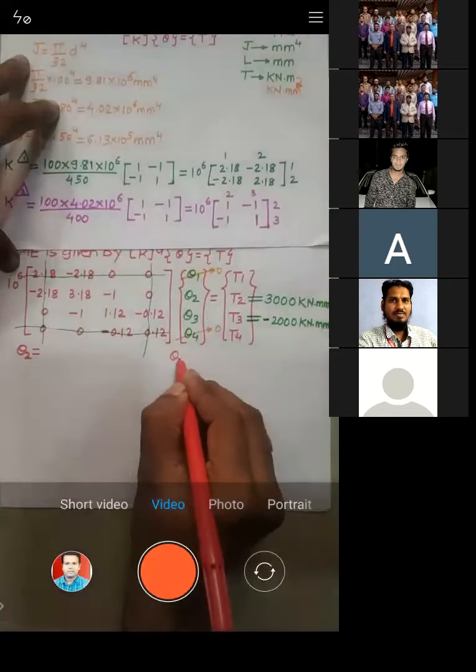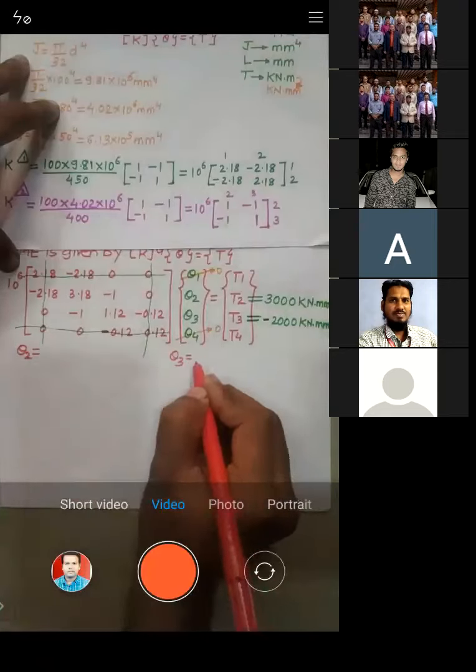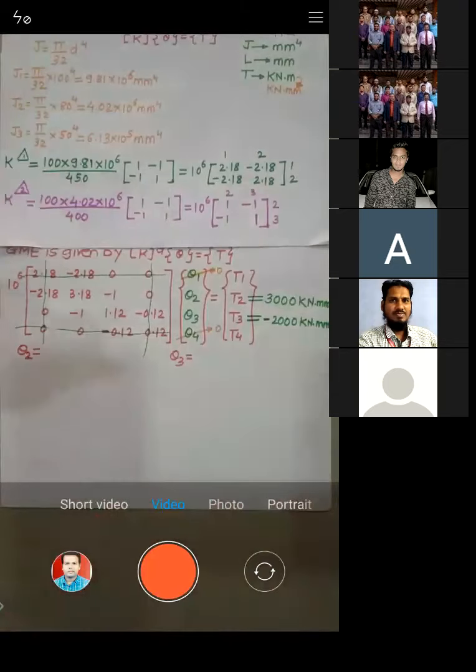Similarly, what is the value of theta 3? Can you do that, or shall I explain that?